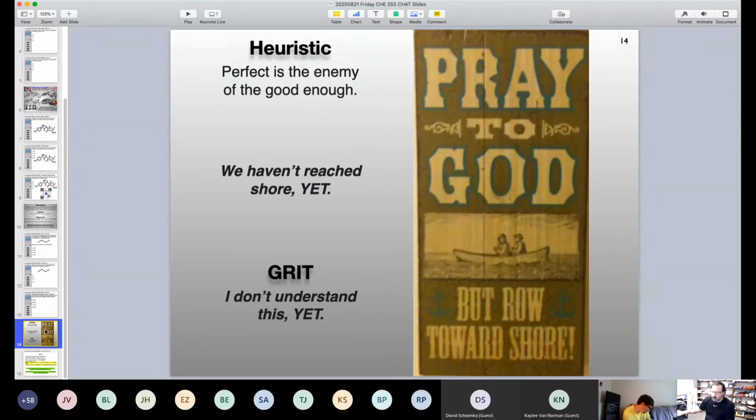As sort of another prompt, growing up in my house, my dad had this sort of picture, and it's actually on a piece of wood. It says, "Pray to God," but on the bottom it says, "Row towards shore." So these 2 gentlemen here in a boat, and it's stormy.